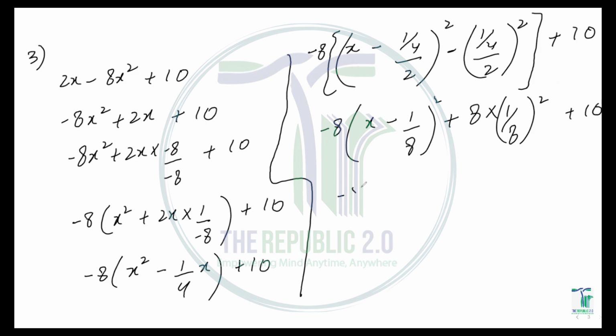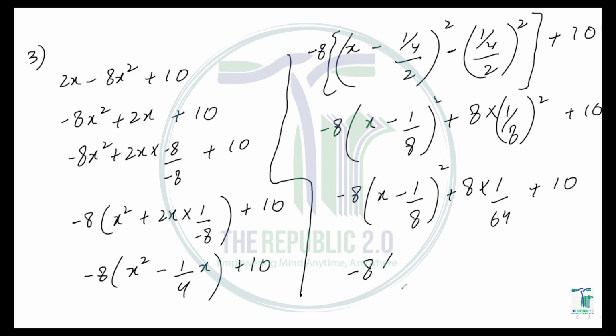So now I would be having negative 8 times x negative 1 by 8 whole squared plus 8 times 1 upon 64 plus 10. So now I would be having negative 8 times x negative 1 by 8 whole squared plus 1 by 8 plus 10. So now, I've got this thingy.